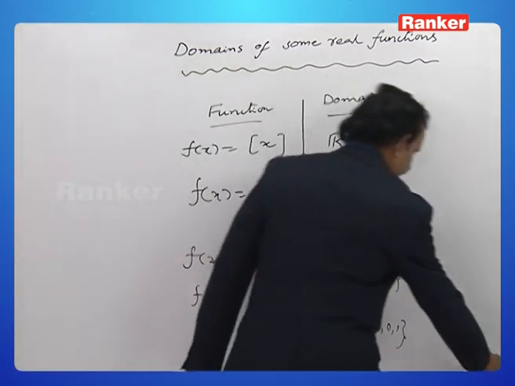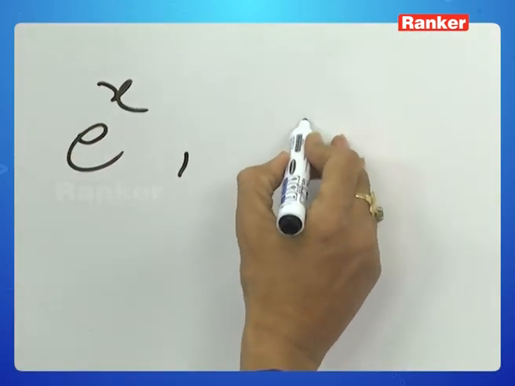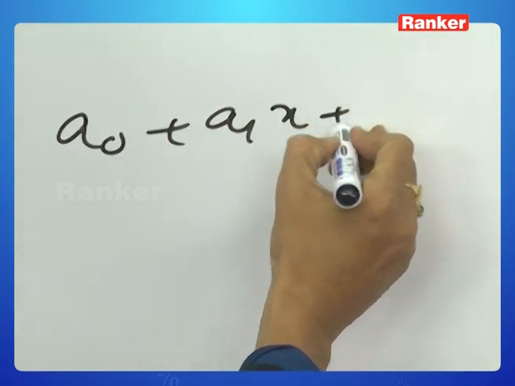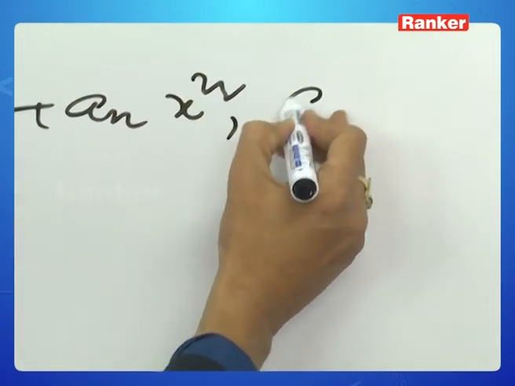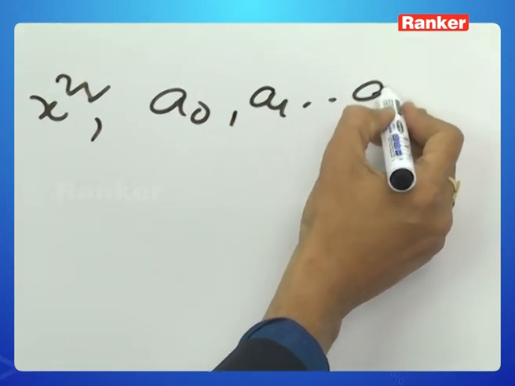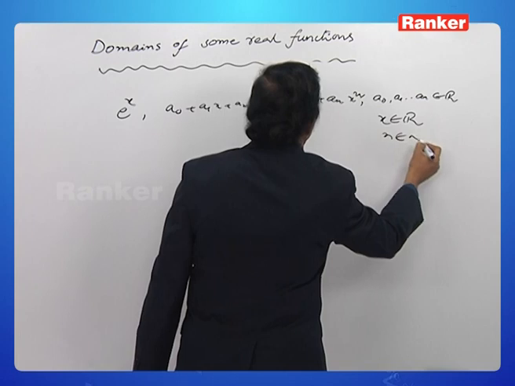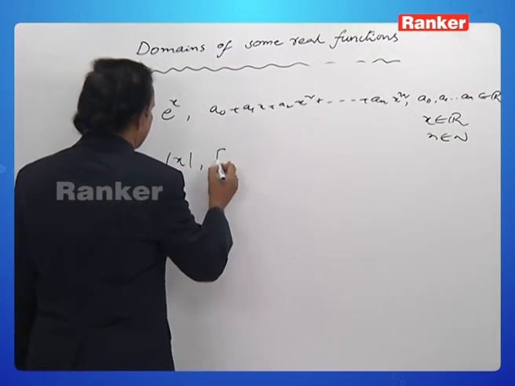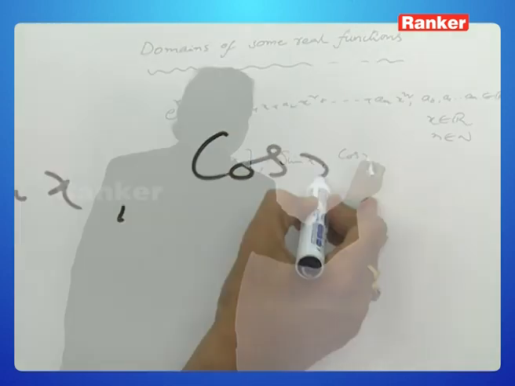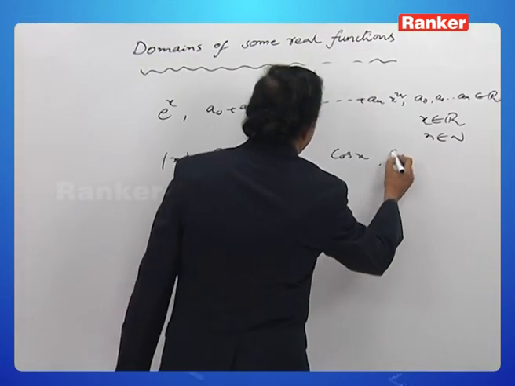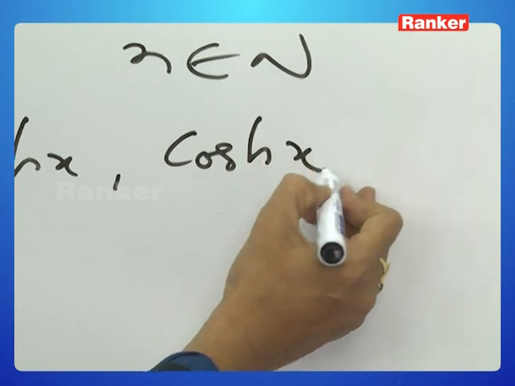We shall now see some more examples. Consider the functions e power x, a0 plus a1x plus a2x square plus a3x cube plus etc. plus an x power n with a0, a1 etc. an belong to R, x belong to R, n belong to N. Mod x, integral part of x, sin x, cos x, sine hyperbolic x, cos hyperbolic x.